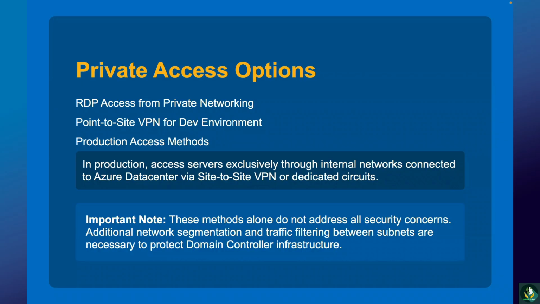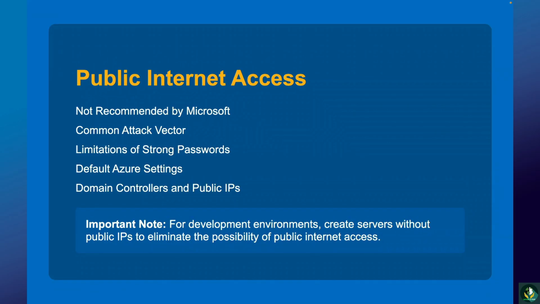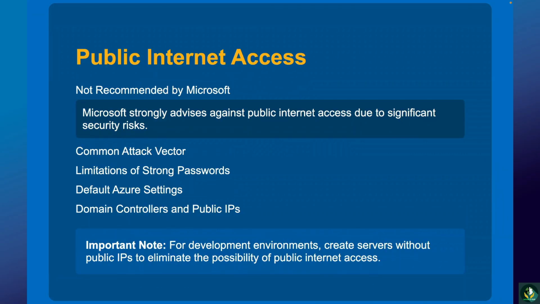The second option is the one we've used for building our test environment in previous demonstration lessons. We've used public internet access, and of course, it's not recommended by Microsoft. Microsoft strongly advises against allowing public internet access to Azure resources, particularly for Remote Desktop Protocol or RDP connections.